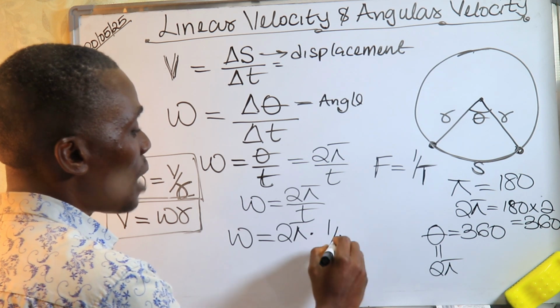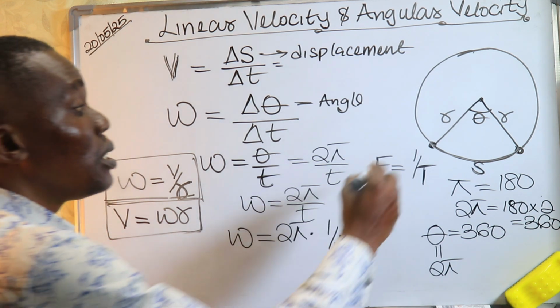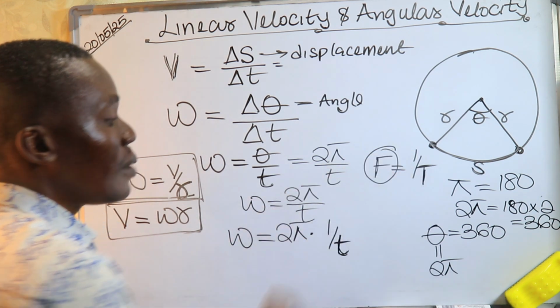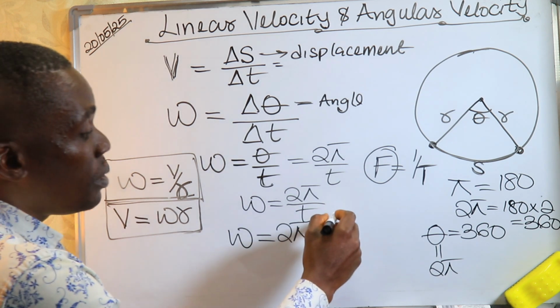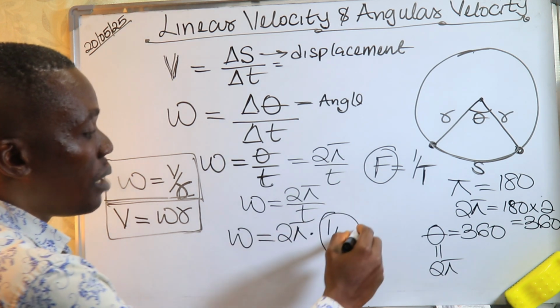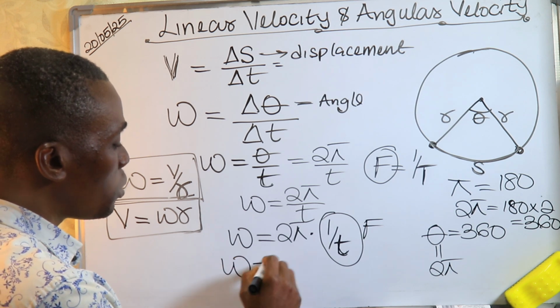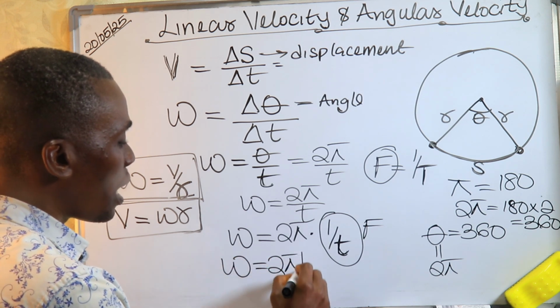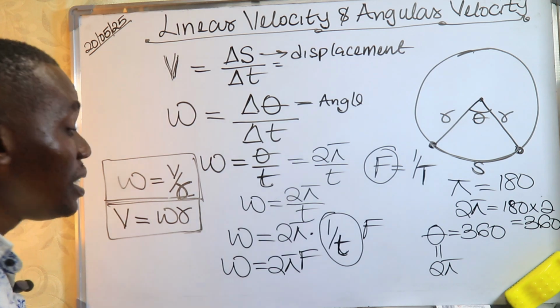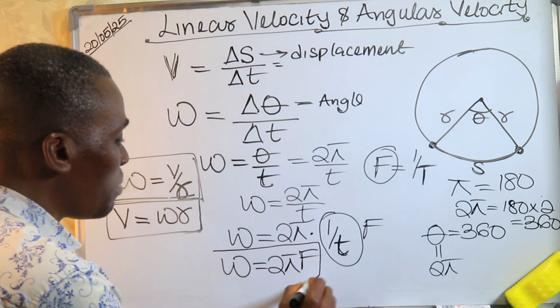And you know that 1 divided by t is frequency. So that means I can replace this 1 divided by t with frequency. So my angular velocity can be equal to 2 pi f, frequency. This is another formula for angular velocity.